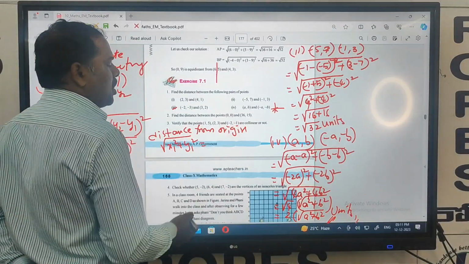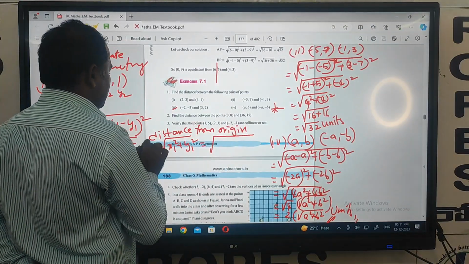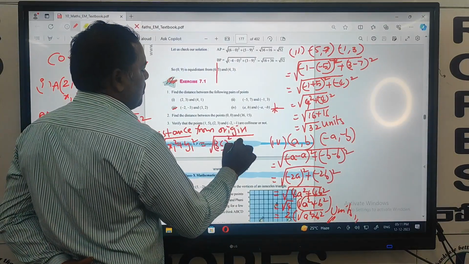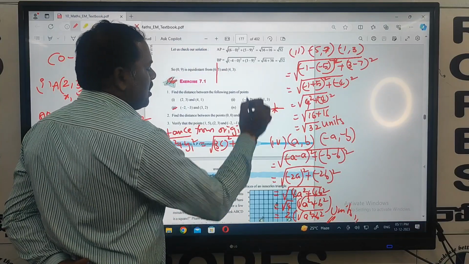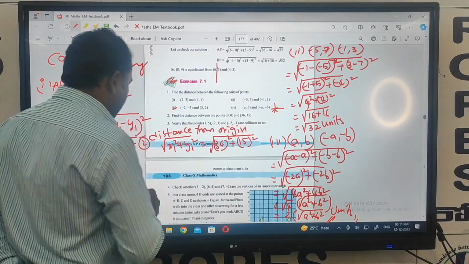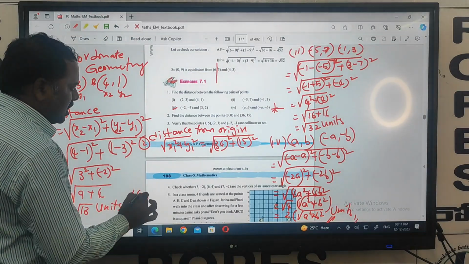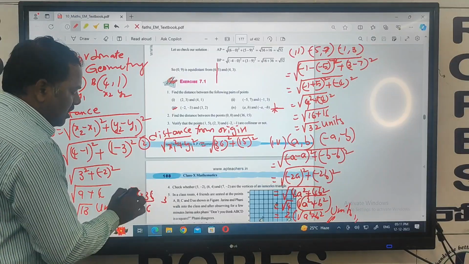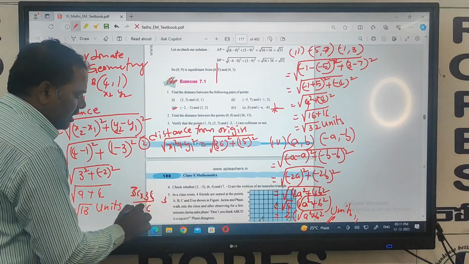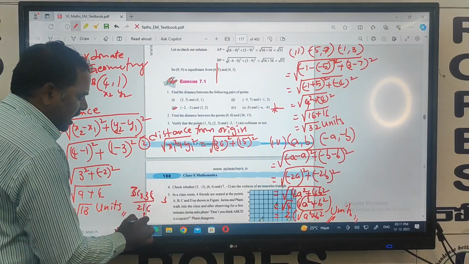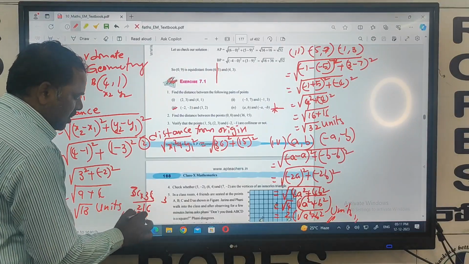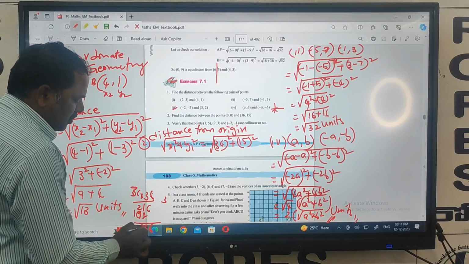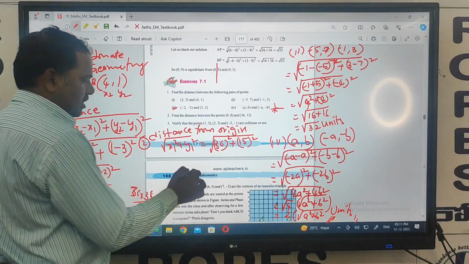In this one, 36 square plus 15 square. 36 square is 36 into 36, which is 1296.